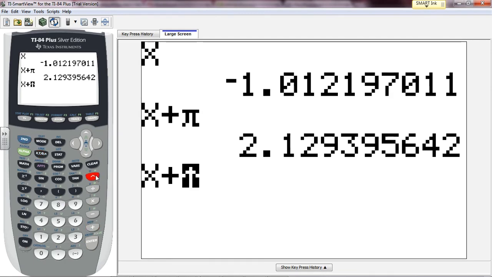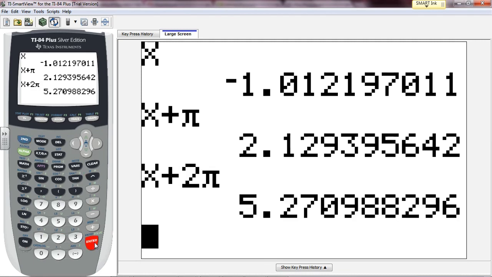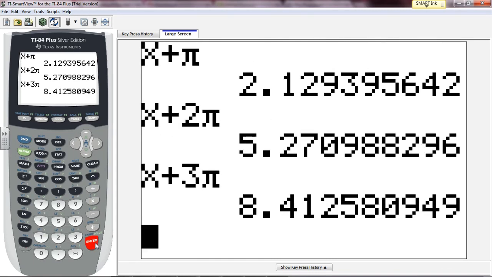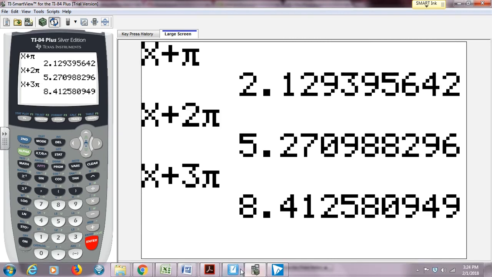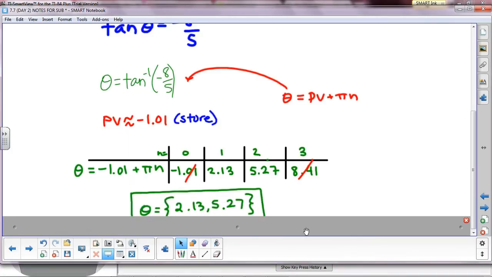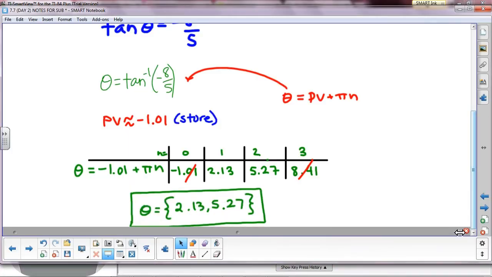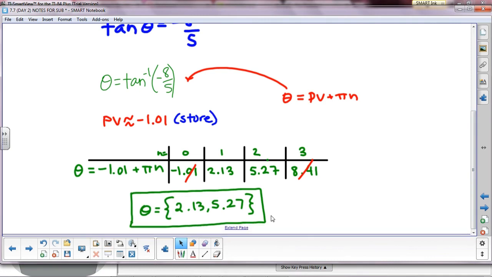That's plugging in 2 for n in your table. And both those values are still between 0 and 2 pi, or 0 and 6.28. But if you plug in x plus 3 pi, you'll see that that's too big. So that's over 6.28. So the two solutions we're going to keep are 2.13 and 5.27.